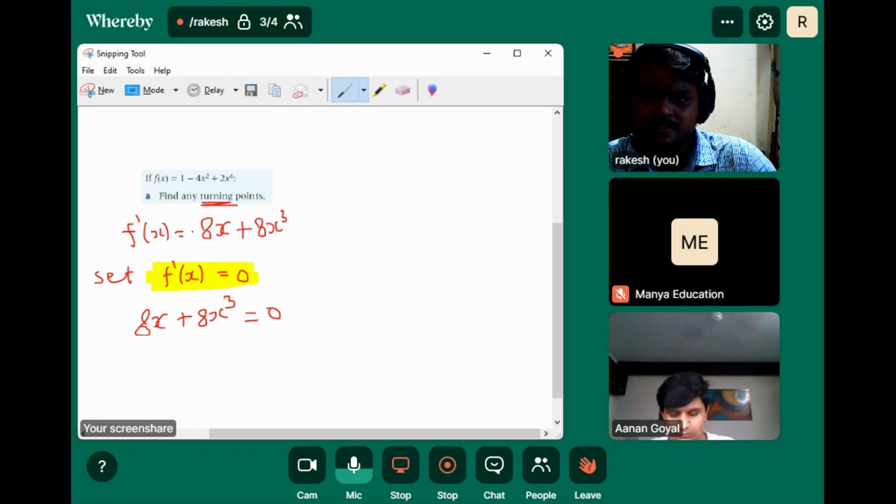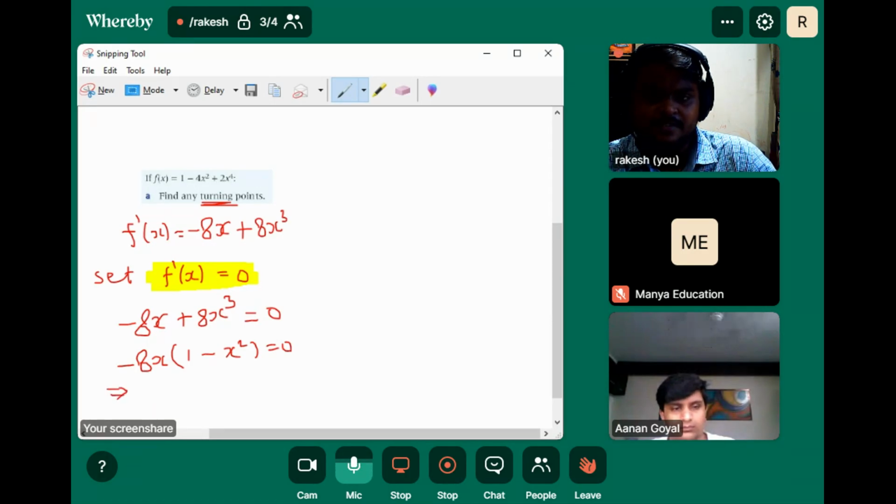I have made one mistake here. It is supposed to be minus 8x, right? Yes, sir. So now when we take minus 8x common, we will get 1 minus x square is equal to 0.